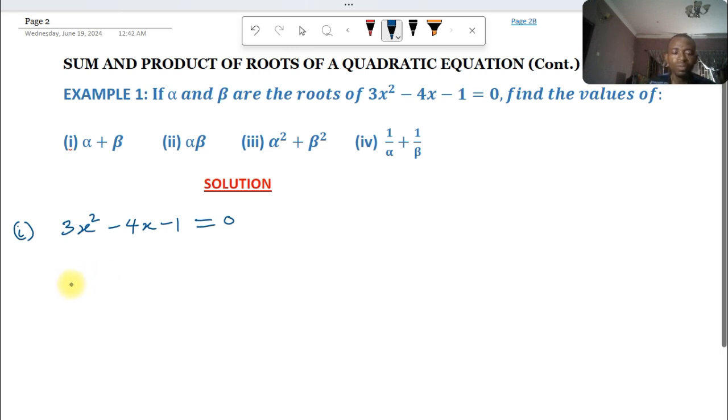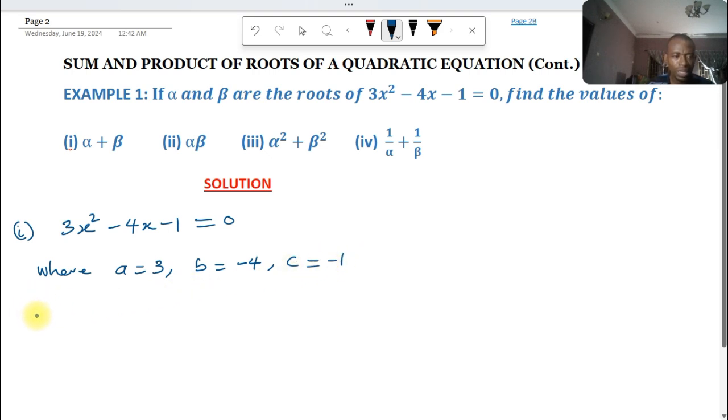I know that I will be in need of A, B, and C, so let me list them out, where A is 3, B is minus 4, C is equal to minus 1.